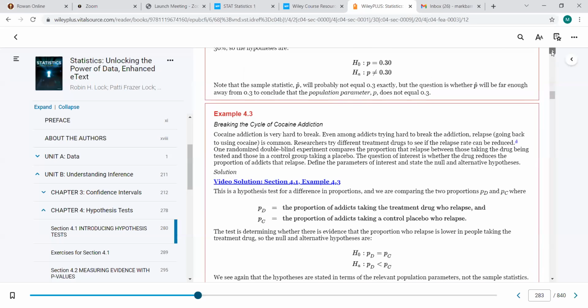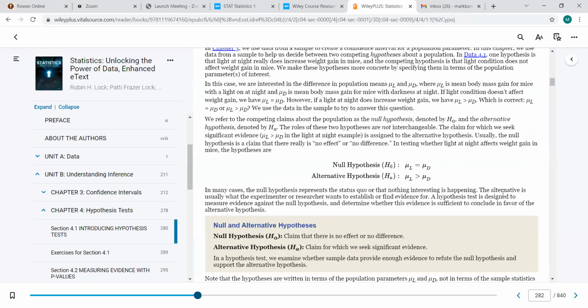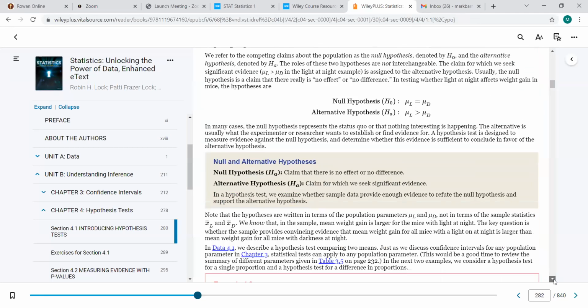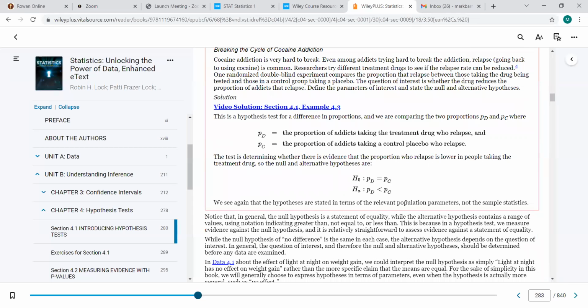Now, of the three types of hypotheses that we've looked at, one of them has a greater than symbol in the alternative hypothesis. One of them has a not-equal-to symbol, and one of them has a less than symbol. Those are the three symbols that we will see when we have an alternative hypothesis, either less than, greater than, or not equal to.